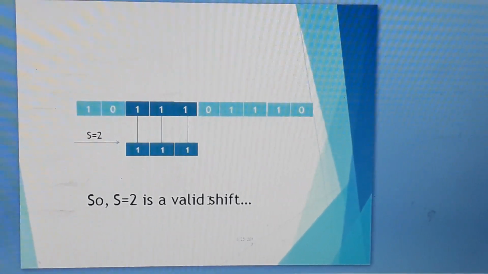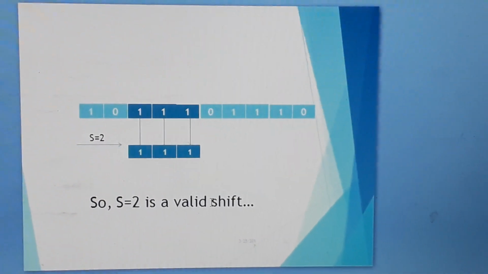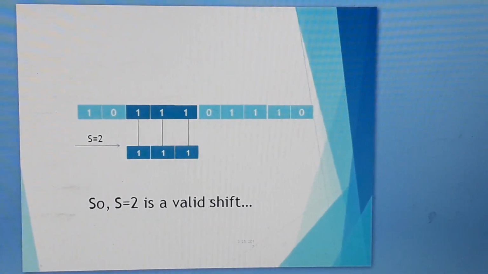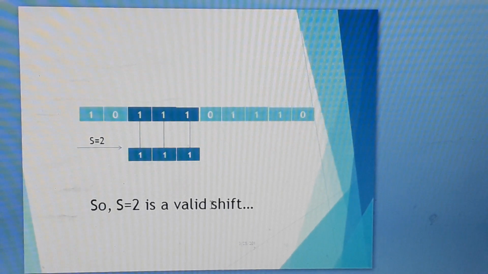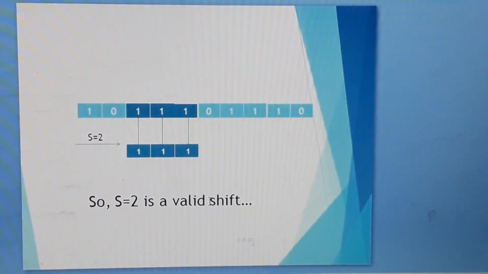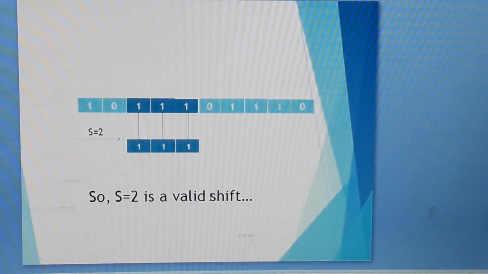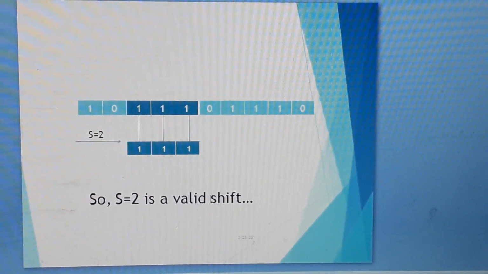Suppose in the second shift, s equals to 2, we got the pattern 111. So we can say that s equals to 2 is a valid shift. We got our pattern in the given text at the second shift.